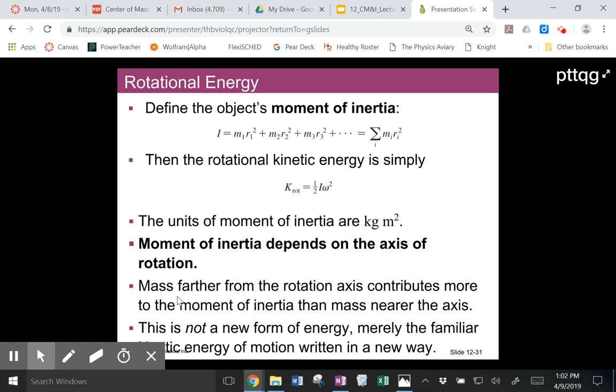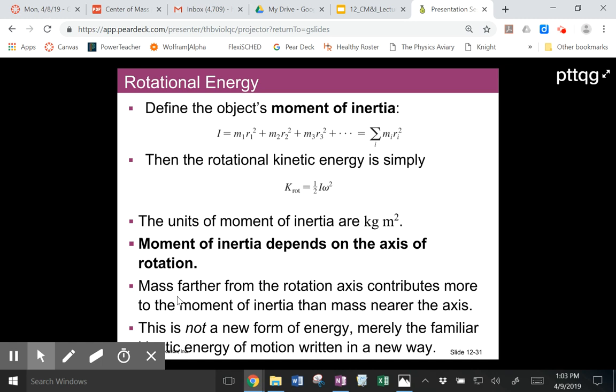And again, all we're doing is summing the mass of the particle times its distance from the axis of rotation squared for all the little mass particles that make up the object. So when we're talking about rotational kinetic energy, sum of mr squared in the previous slide, I'm just replacing that with I. I is the letter variable that represents the moment of inertia, and then omega squared.